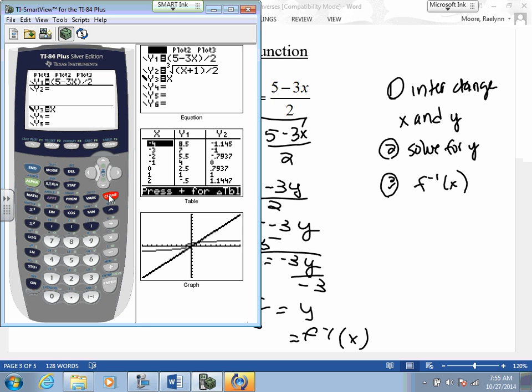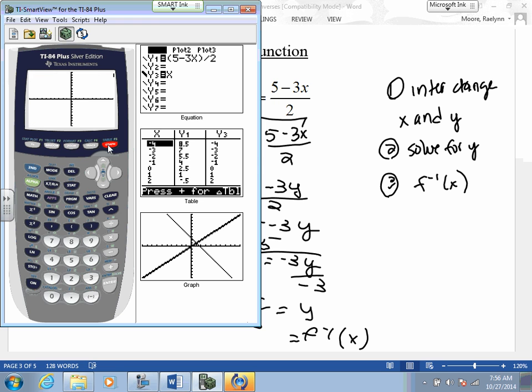I know a lot of you guys are. What's the second one? Okay, so let's grab this guy and let's leave the y equals x line in there.